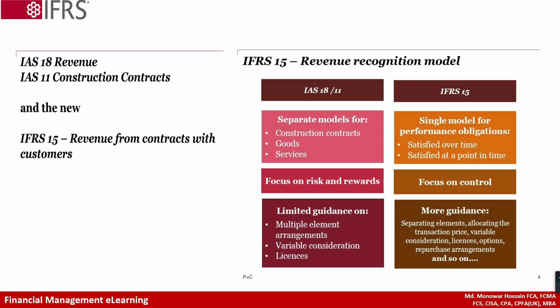If we look at IAS 18 and IAS 11, there were separate models for construction contracts, goods, and services that focused on risks and rewards.